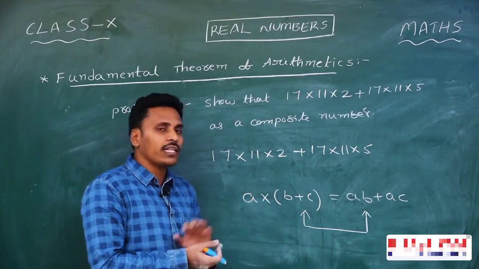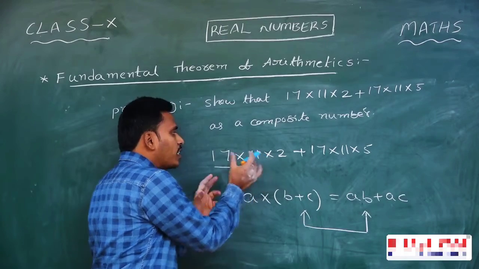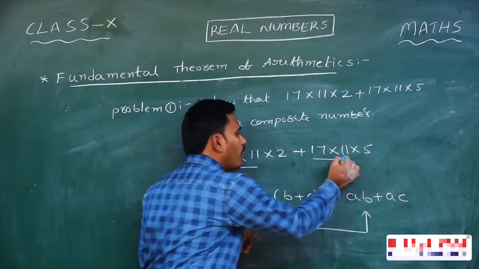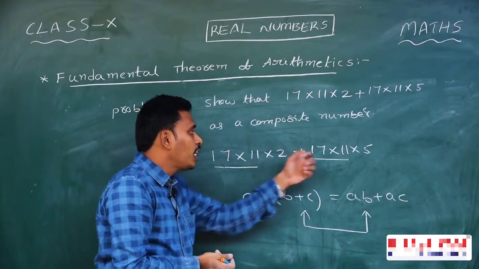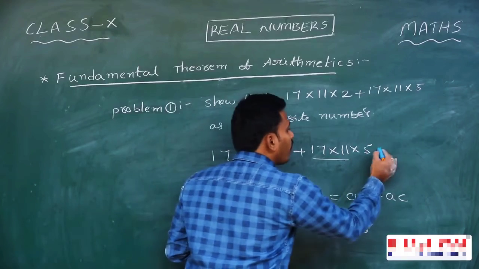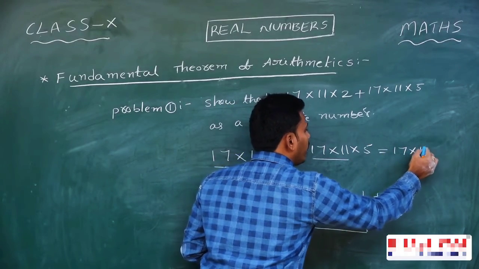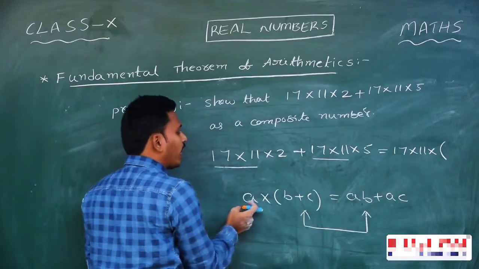Just by applying this simple property to the given numbers, 17 into 11 is a common thing for those two parts of the number. Since 17 into 11 is a common number, you just collect it, and I will rewrite it like this: 17 into 11 of, just like this. Since a is common, we are writing a into.